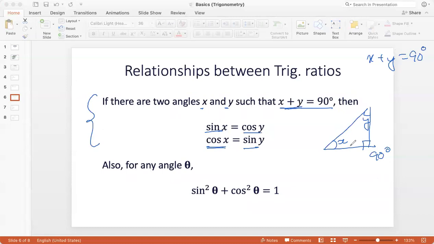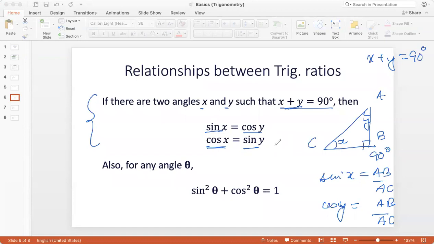So let me call this A, B, C. Then I can say that sine X will be AB over AC because opposite over hypotenuse, and cos Y will also be AB over AC because for cos Y, the base is AB, right? So sine X happens to be cos Y, and similarly cos X happens to be sine Y.